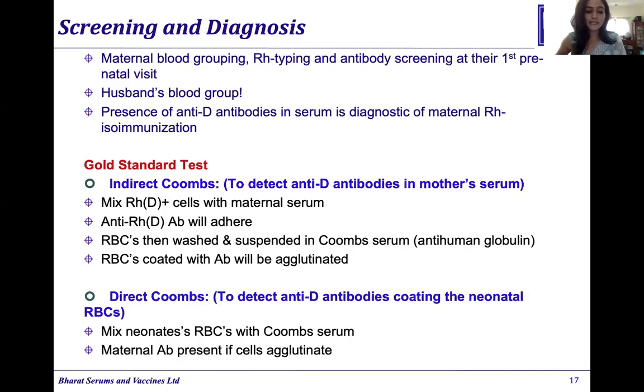The direct Coombs test detects the anti-D antibody which is coating the Rh positive RBCs of the fetus. Okay, of the neonate, I'm sorry. Just to summarize, indirect Coombs test is done on the serum for circulating antibodies, direct Coombs test is done on the neonate to look at RBCs which are coated with anti-D antibodies.